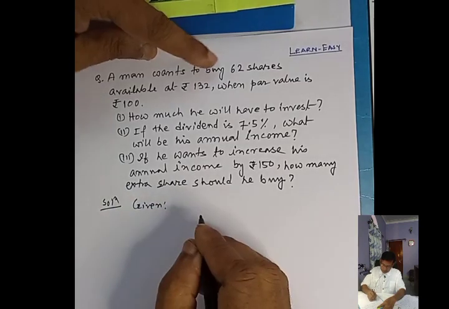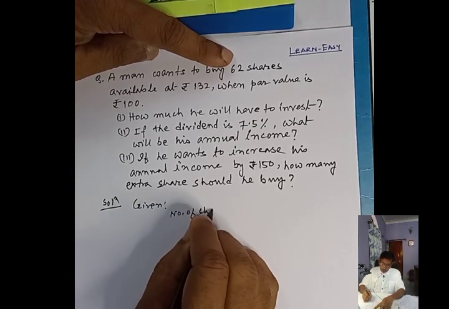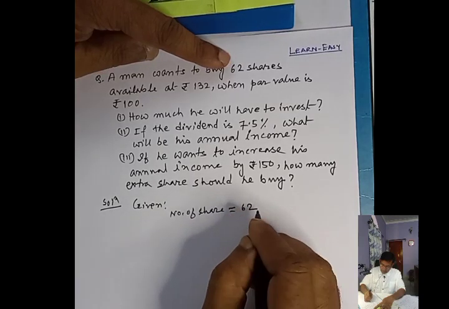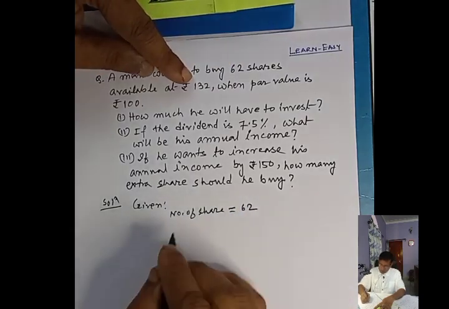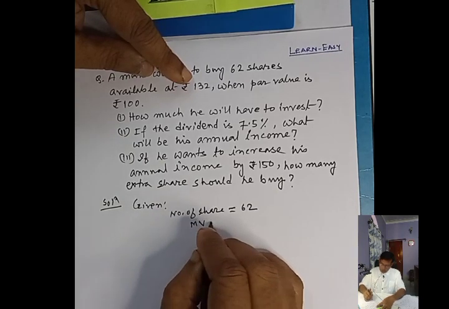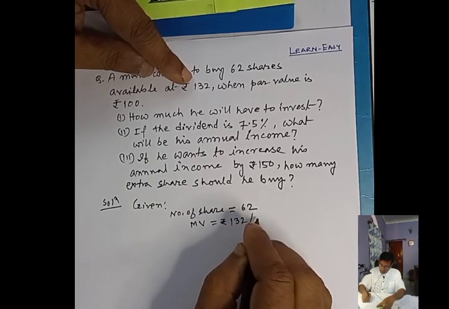Given: number of shares 62, available at rupees 132. That means MV is rupees 132 per share.